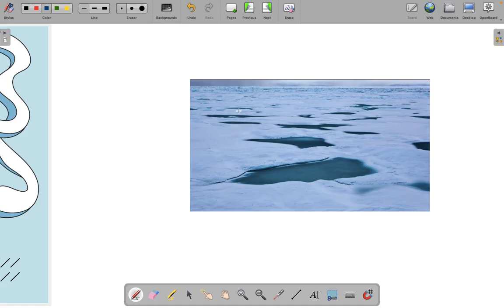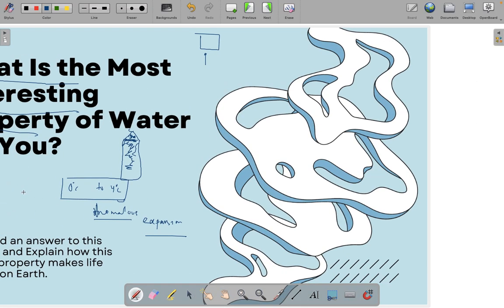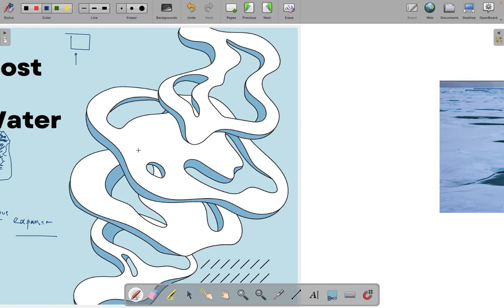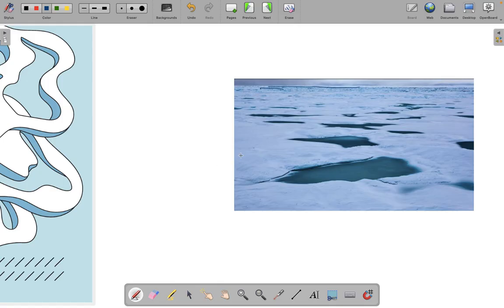They need water to survive, and this anomalous expansion of water is responsible for sustaining aquatic life, because when you have ice, it stays at the top because it has lower density, and water stays at the bottom. We'll discuss this in more detail, but for now just remember that this anomalous expansion, which I already explained with the cold drink example, is also responsible for ice at the top and water at the bottom.